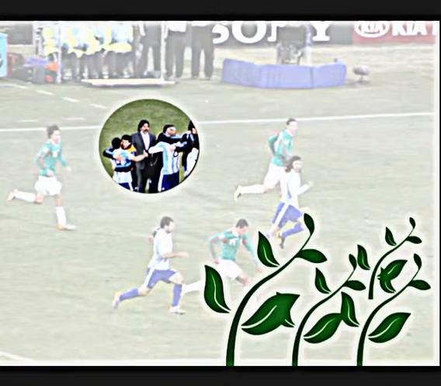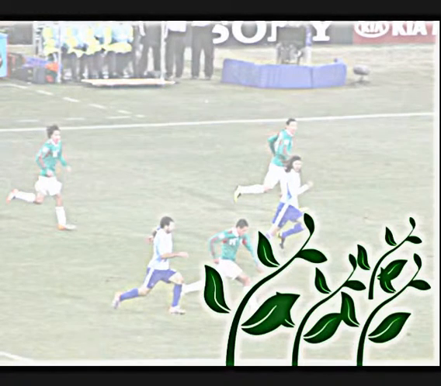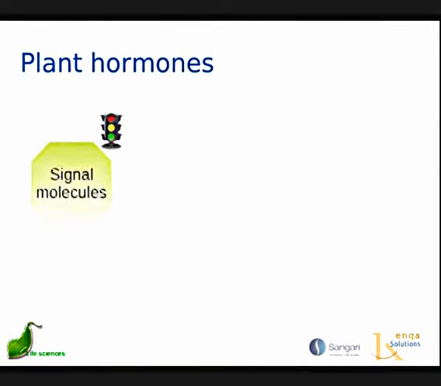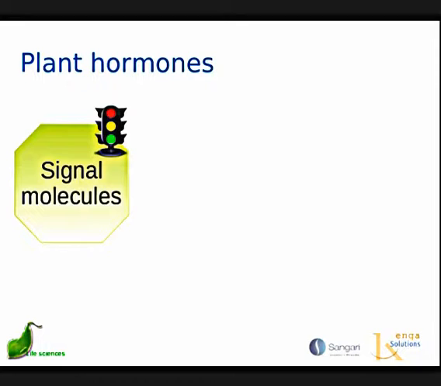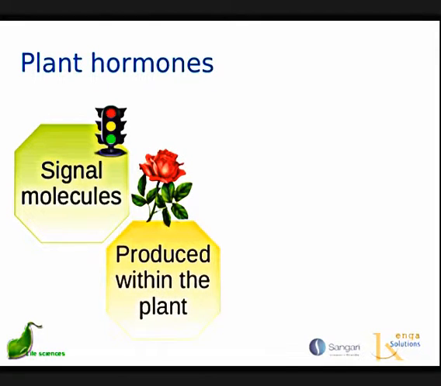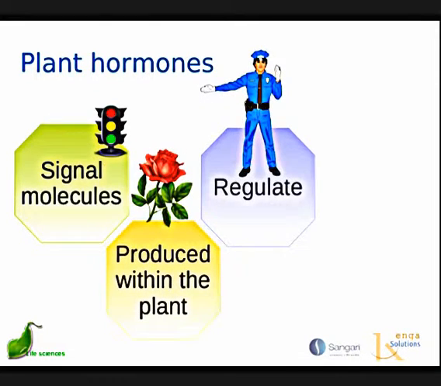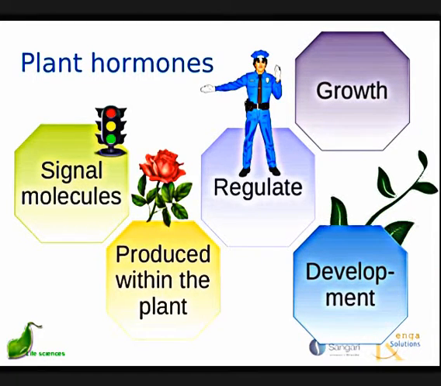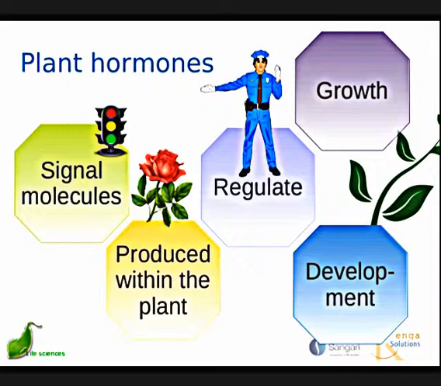That is, sending signals out within the plant body. But in the case of plants, you'll have to imagine the signals without the coach. So plant hormones are signal molecules that are produced within the plant that regulate growth and development of the plant in some way. And that's plant hormones.